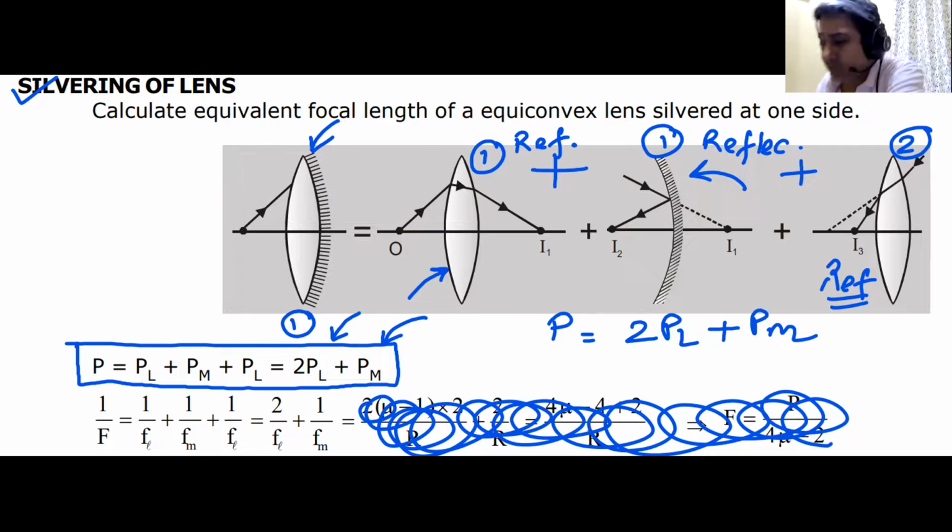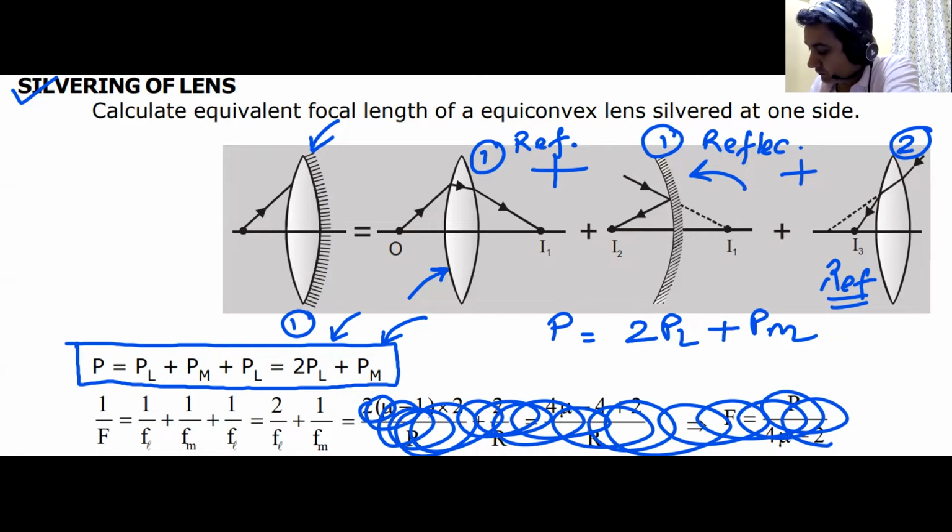I've just told you the formula for power. Before that, I told you the formula of combination of lens and a mirror. Can you point out the mistake in the formula for the focal length of the combination? What is the mistake in the formula for focal length? Yes, I'm waiting.